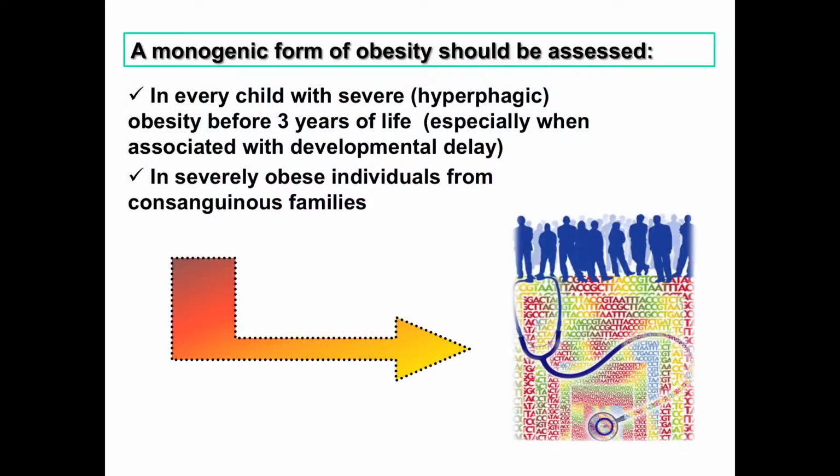In my humble view, it's quite important to assess for monogenic or monofactorial obesity for every child with hyperphagic obesity early in life, especially when there is some developmental delay, and especially if this child is from a consanguineous family. Now, how to do it? It's very easy these days.